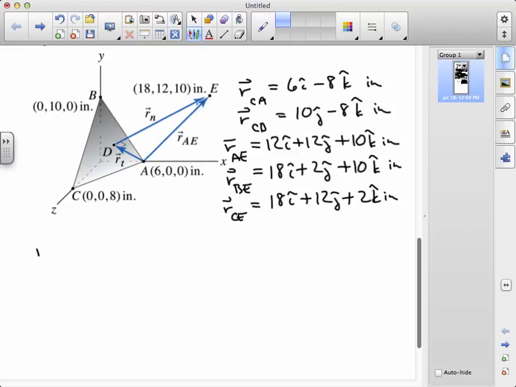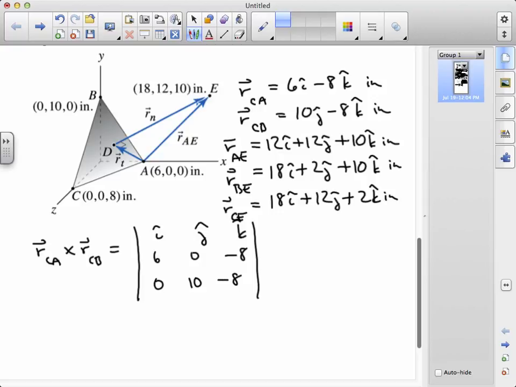Our unit normal is defined from RCA cross RCB, and the components of the array here, the second row is 6, 0, minus 8, and the third row is 0, 10, minus 8.